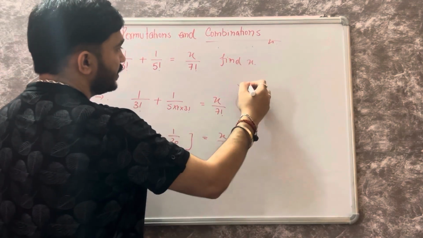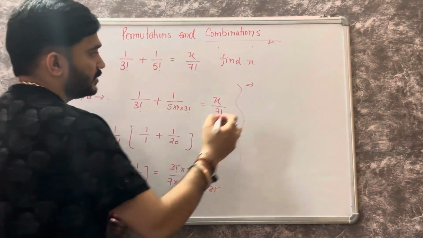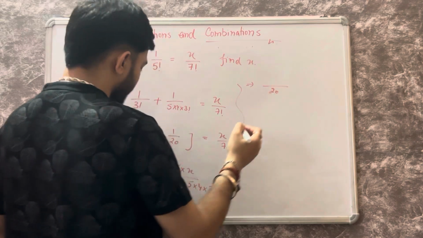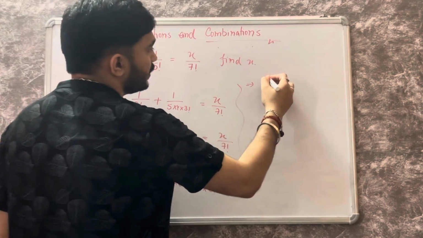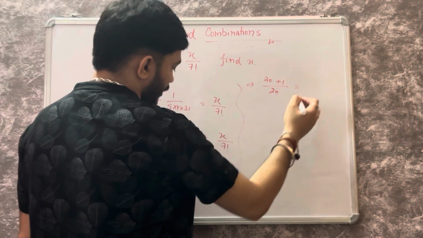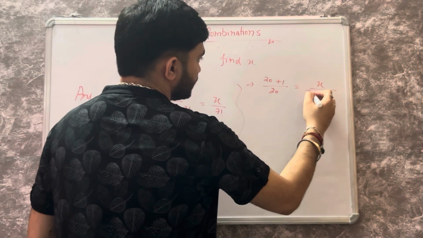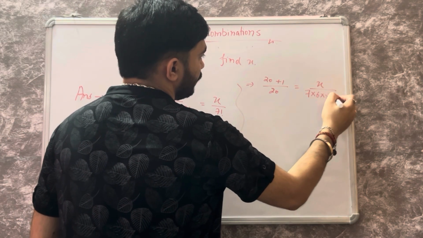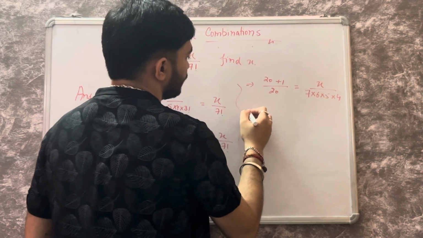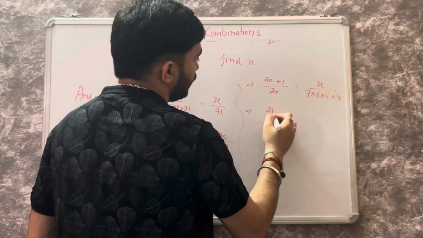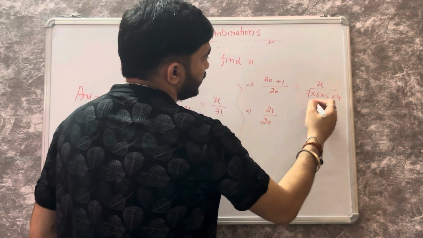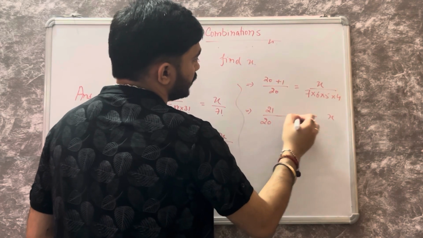Now take the LCM of left hand side. The LCM of left hand side will be 20, and after cross multiplying you will get the answer 20 plus 1 equal to, here you are going to have x upon 7 into 6 into 5 into 4. It will be 21 upon 20. These numbers are going to be multiplied on the left hand side.